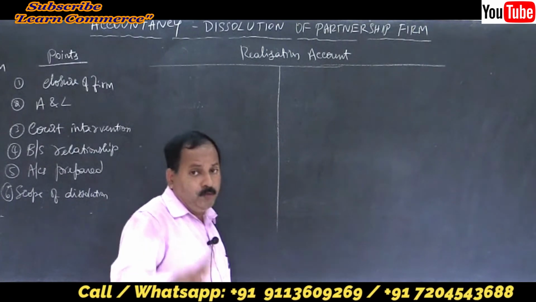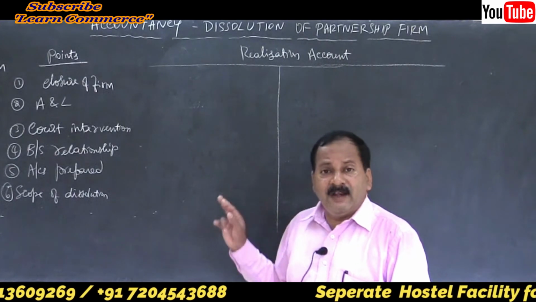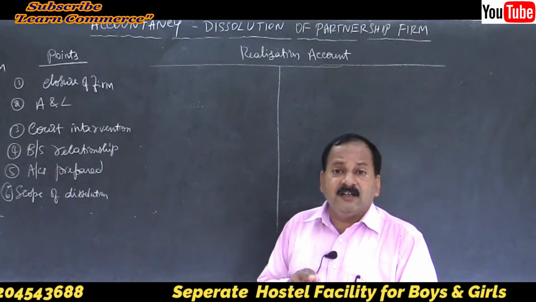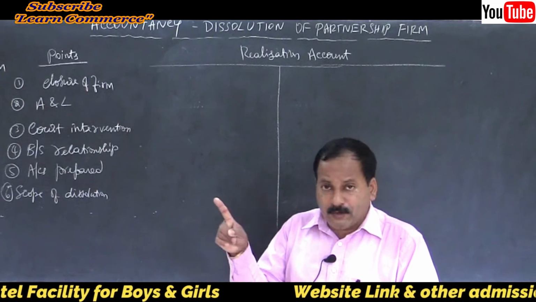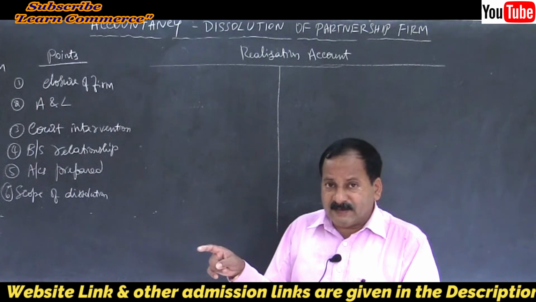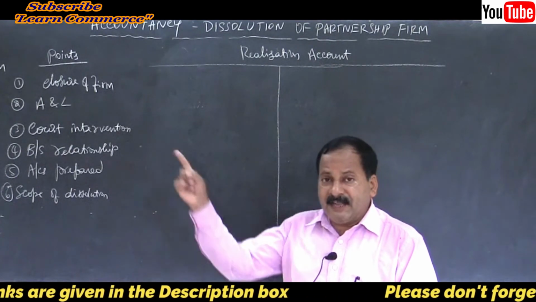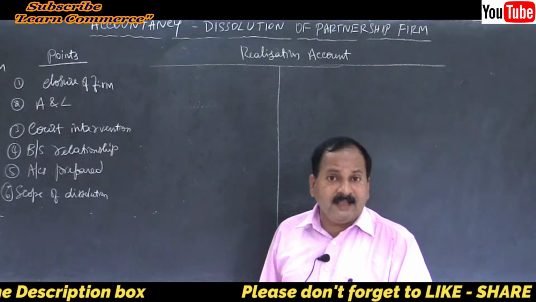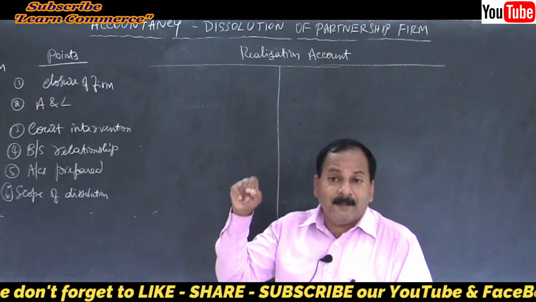Maybe a question for 2 marks. They will ask these entries. In realization, mostly they will ask you a 2 marks practical question rather than a theory question. Pass journal entry for assets taken over by a partner, pass journal entry for realization expenses paid by the firm, pass journal entry for liability taken over by a partner, like that. So you have to write concerned partner's capital account debtor.